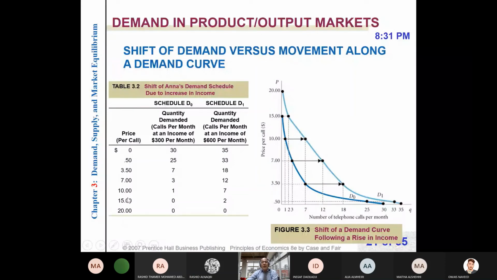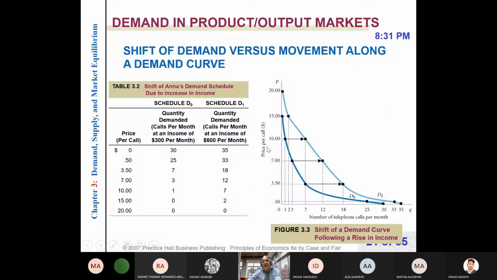Let's talk about, for example, $10. If the price is $10 per call, with my old salary, I used to call my mom once a month. But with the new salary, I will call my mom 7 times because I become richer. My salary is bigger.